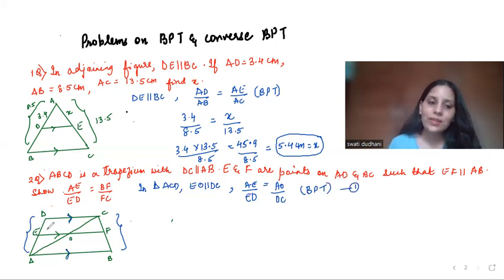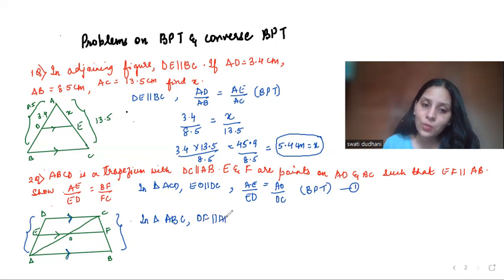All right. Now coming to the other triangle. In triangle ABC, since EF is parallel to AB, the small part will also be parallel. So we can consider OF is parallel to AB.